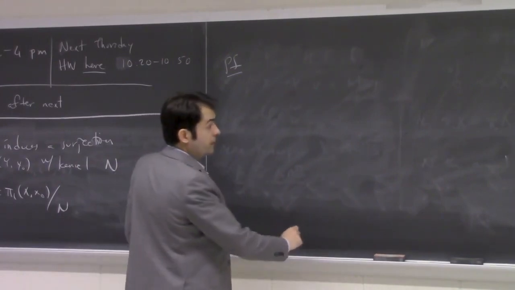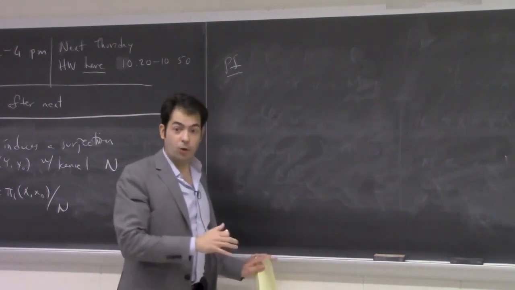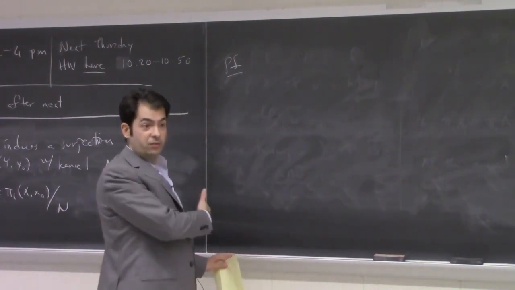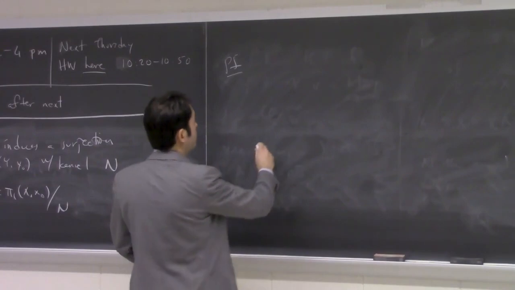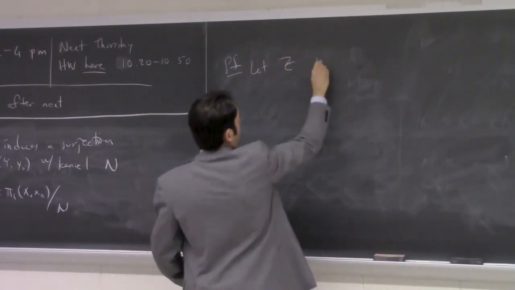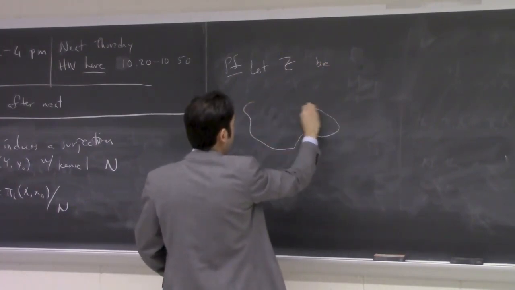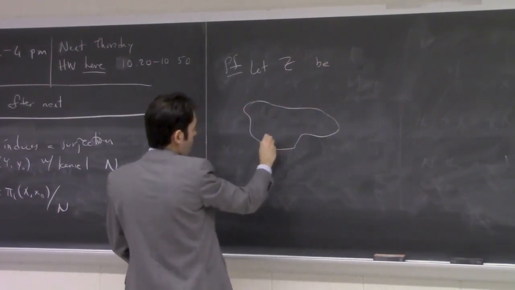So what we're going to do is replace Y with an equivalent space that makes it easier to see this. So let's do a picture first, and then we'll try to describe what we're doing. Here's our point x naught.